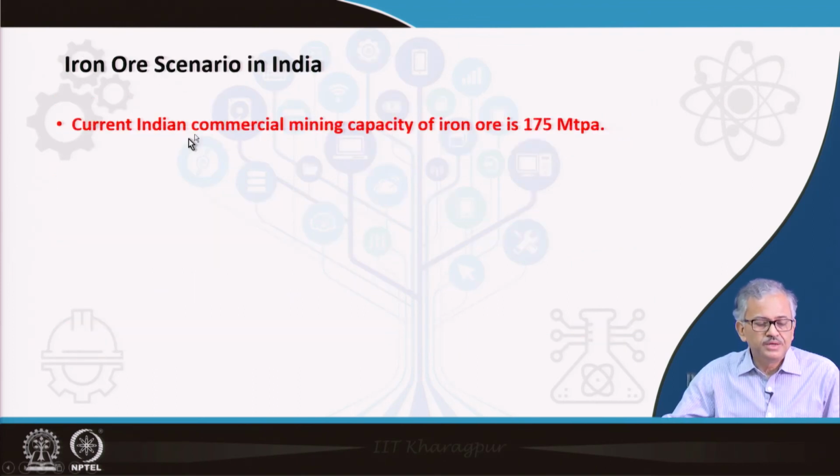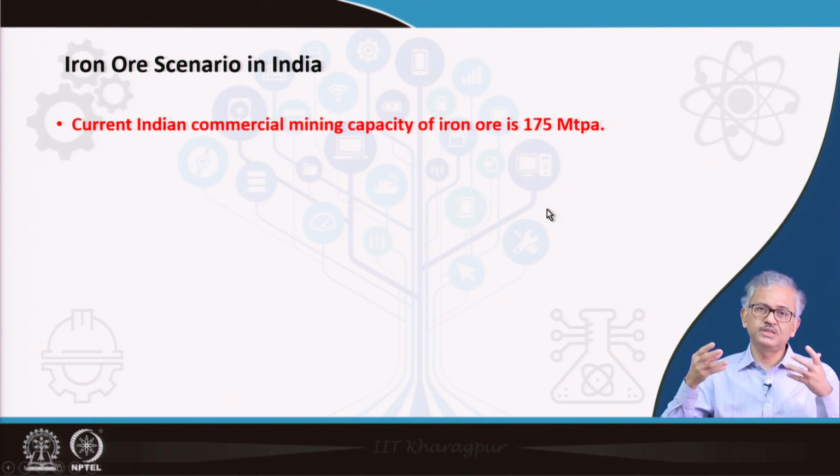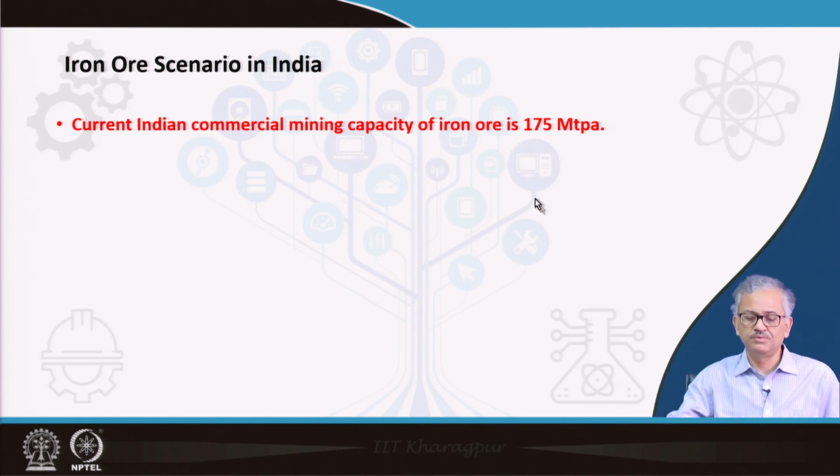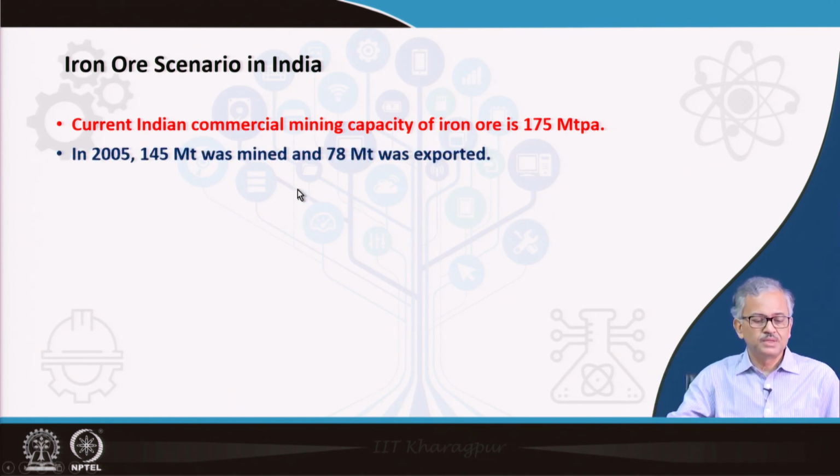What is the iron ore scenario in India? Currently the Indian commercial mining capacity is around 175 million tons per annum. Mining capacity also we have to increase if we want to increase our production. In 2005, 145 million tons was mined and out of that 78 million tons was exported.